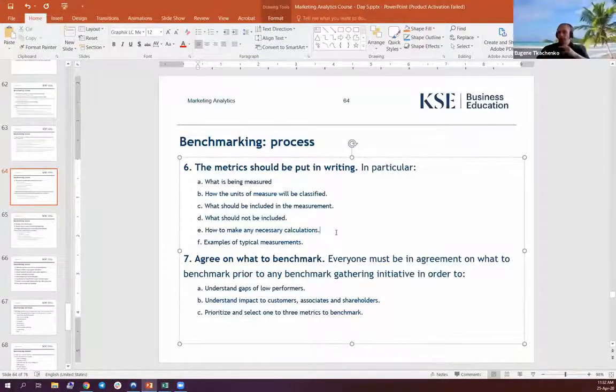So once you have all that base information, you need to start making all necessary calculations and have the typical example. So it would be like your operational procedures. So basically, in order to define this metric, I need to do step 1, step 2, step 3, because we tend to think that the things we do in our daily life, especially in marketing analytics, are self-explanatory.